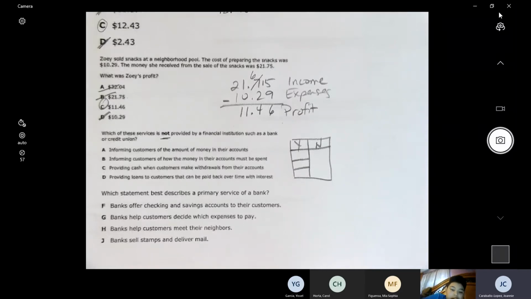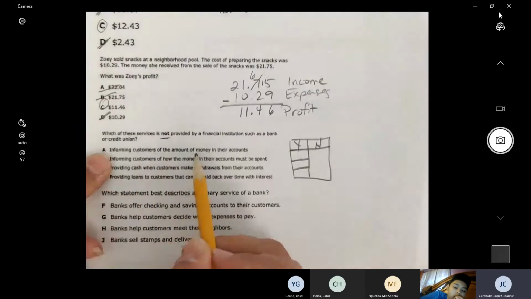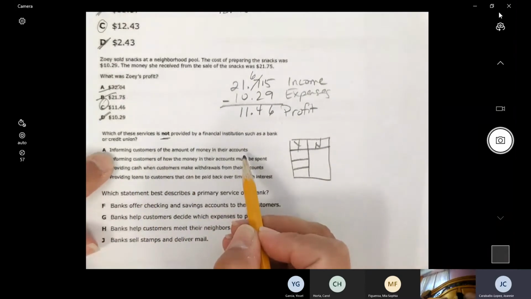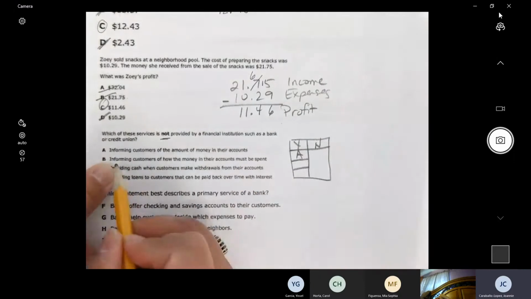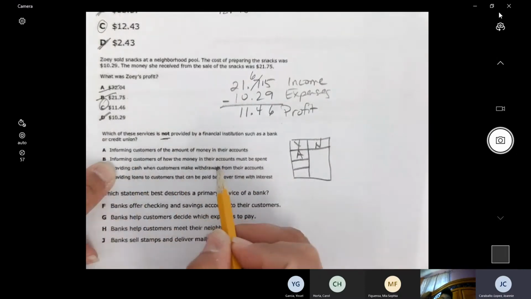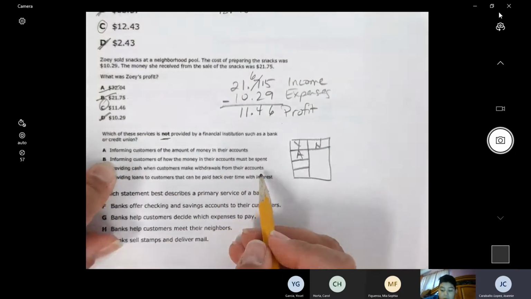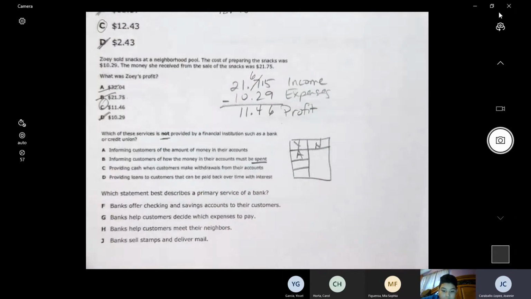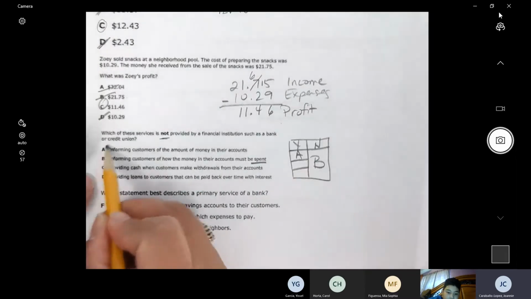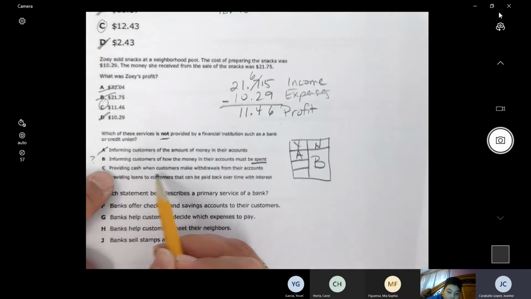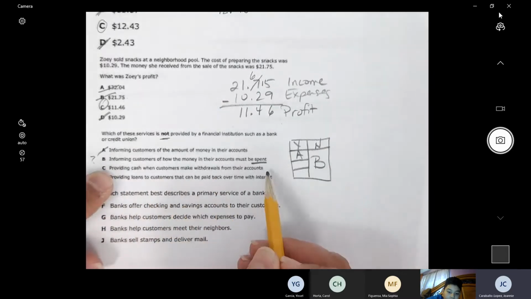Alrighty, so the first one says informing customers of the amount of money in their accounts. Is that something that the banks do? Yes, they do. B, informing customers of how the money in their accounts must be spent. Does the bank tell you how you have to spend your money? So that could be possibly no. And then providing cash when customers make withdrawals from the accounts.